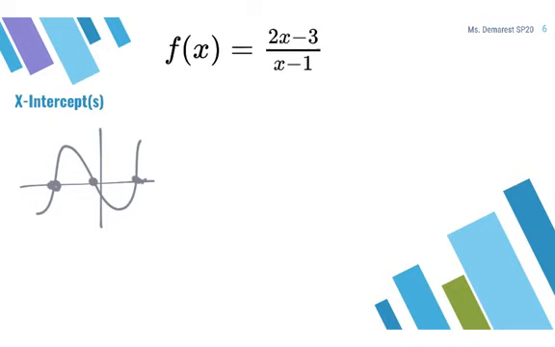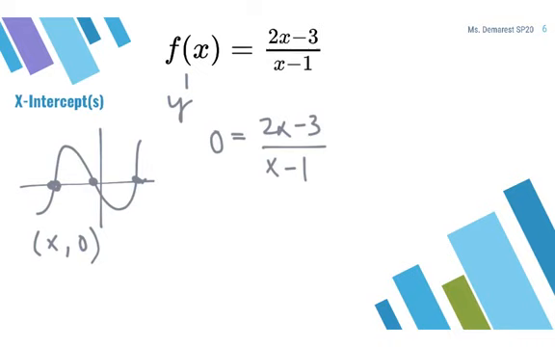So if the x-intercept is where it crosses the x-axis, that means y is 0. So we set, and f of x is the same thing as y, we set the function equal to 0 to solve for the x-intercepts, right? Because we're looking for the x value when y is 0.